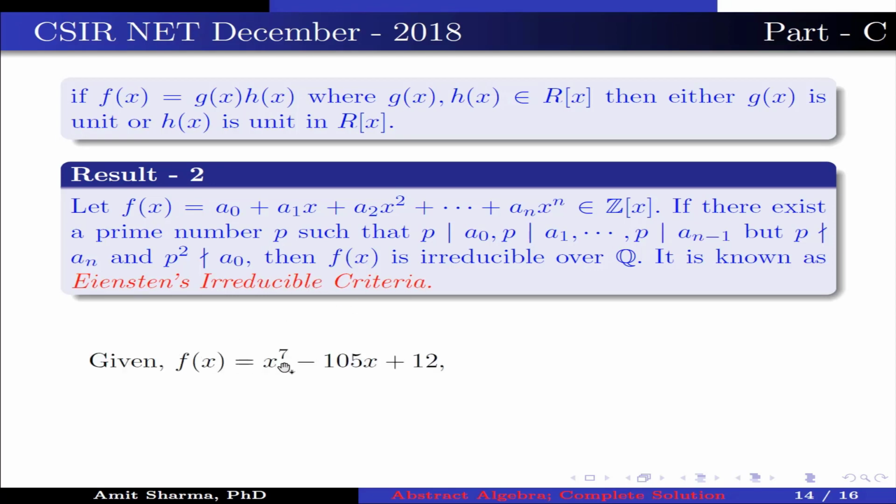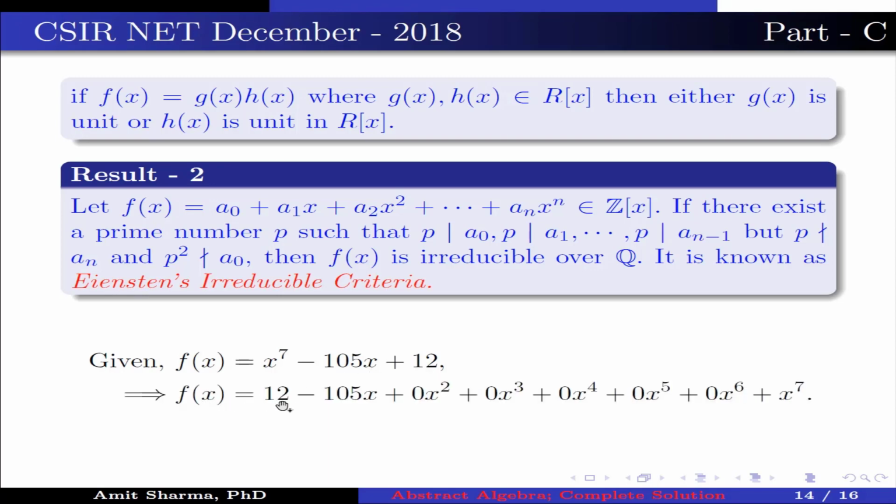Given f of x is x to the power 7 minus 105x plus 12. Now complete the polynomial. We get f of x is equal to 12 minus 105x plus 0 into x square plus 0 into x cube plus 0 into x to the power 4 plus 0 into x5 plus 0 into x6 plus x7.